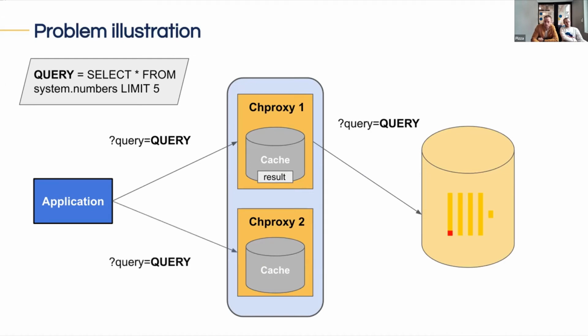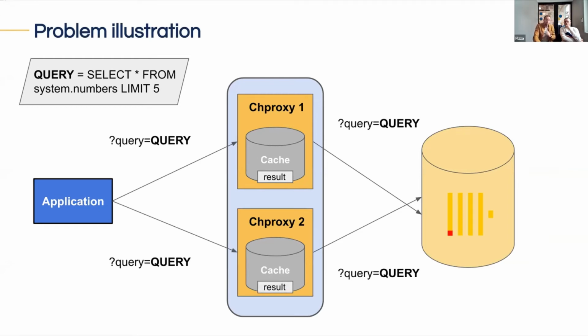This time, though, it lands on replica number 2, and Chproxy checks again in its local file system cache for the existence of the item for the query, but unfortunately it's not there. So again, it hits ClickHouse, and the computation is wasted because it's the second time for the same computation. After all, it's also saved to its local file system cache.